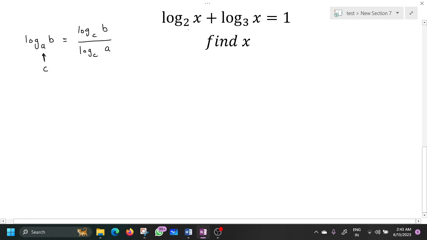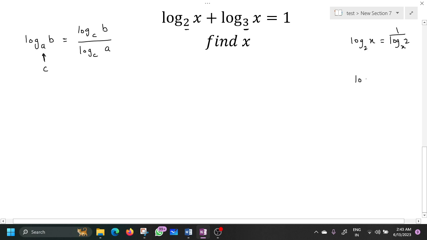Because here the base is 2 and here the base is 3, we can do two things. We can either change the base, or we can use this: log base 2 of x is equal to the reciprocal, 1 upon log base x of 2. What do I mean?